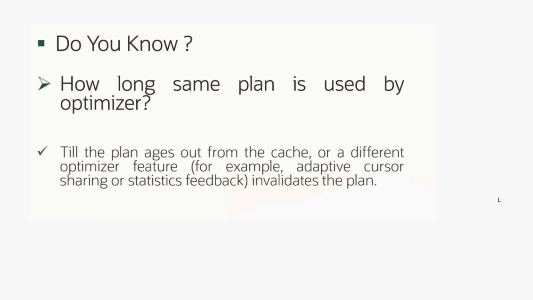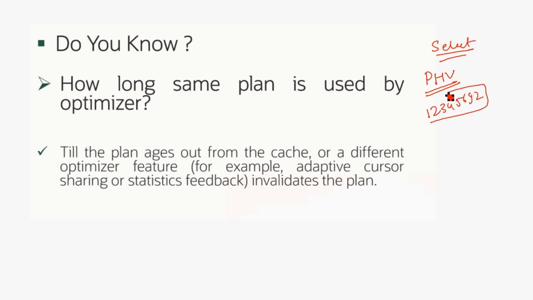So yeah, how long is the same plan used by the optimizer? Suppose there is a select query, and the optimizer is using a plan hash value, say 12345692.